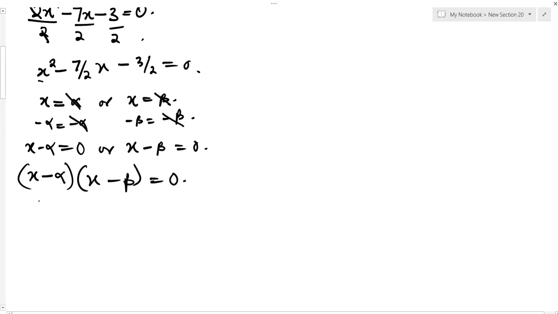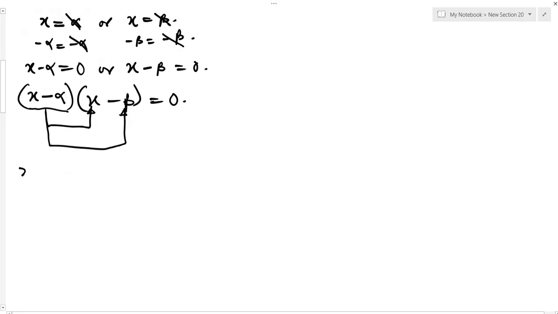Now expanding this, using the whole of this to multiply x, so it will give me x into x minus alpha. Now using the whole of this to multiply minus beta, which is minus beta times x minus alpha, which is equal to 0.